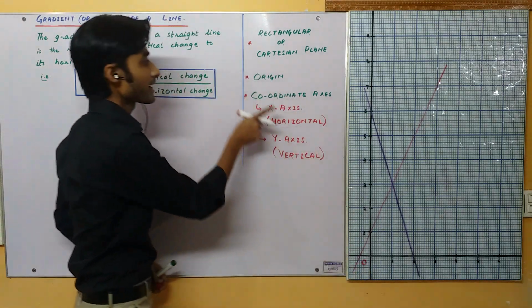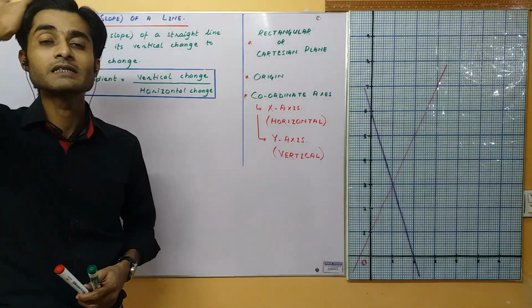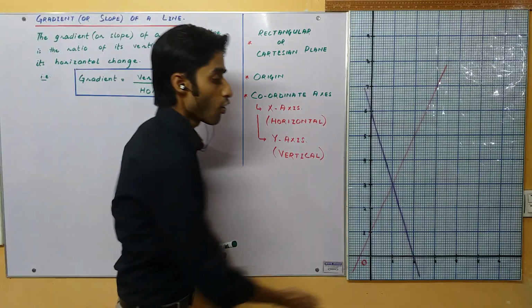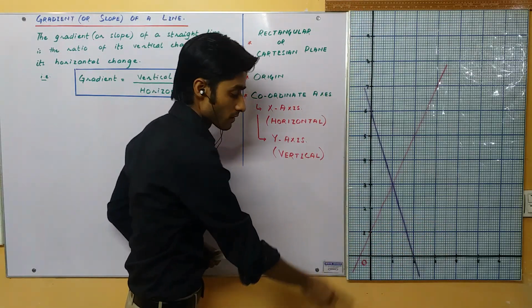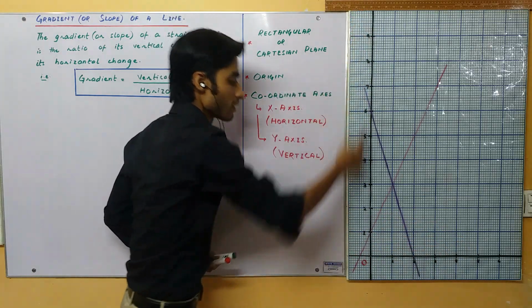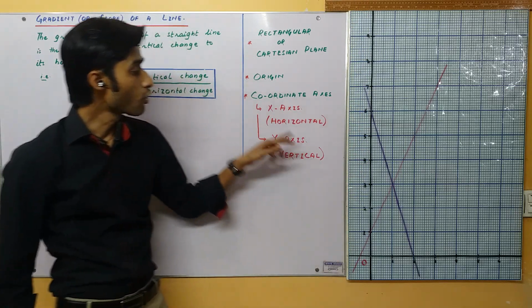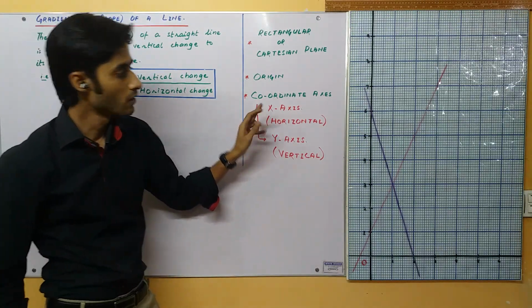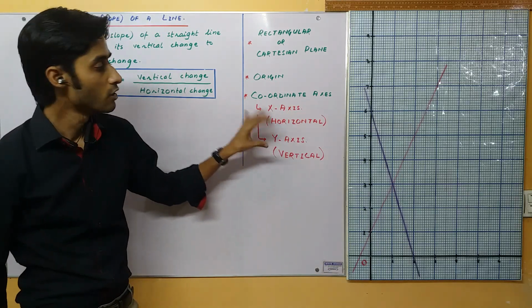So the next thing that you must know is what an origin is. Origin is the point of intersection of the vertical axis and the horizontal axis. The horizontal axis is called the x-axis. The vertical axis is called the y-axis.